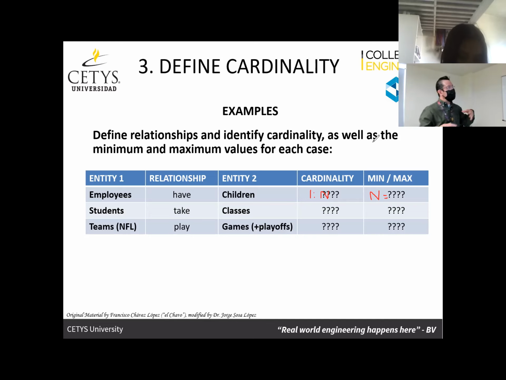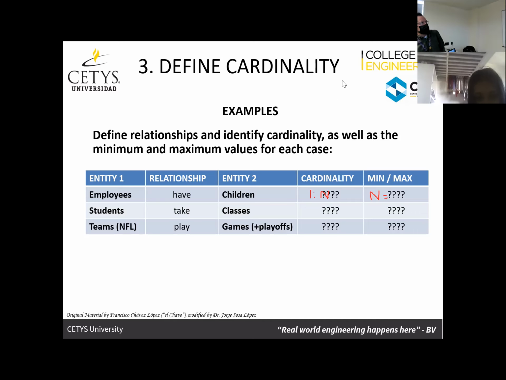So think about that. If I say the minimum amount of children that an employee can have is 2, that means that if I'm going to hire someone, they have to have 2 children. That doesn't make sense. The minimum amount of children that an employee can have is 0. Does that make sense? Maybe somebody doesn't have any children, and that's fine. So the minimum would be 0.